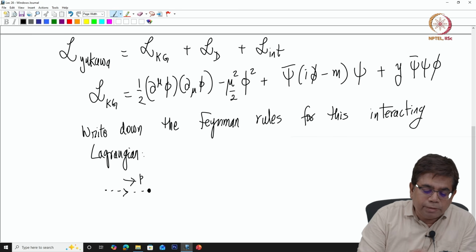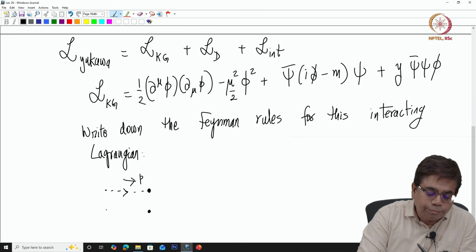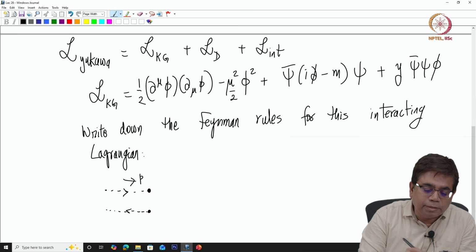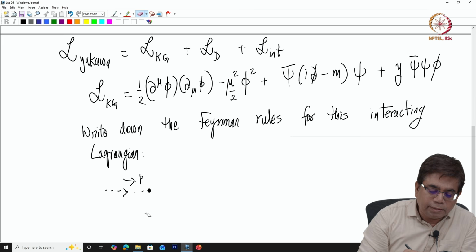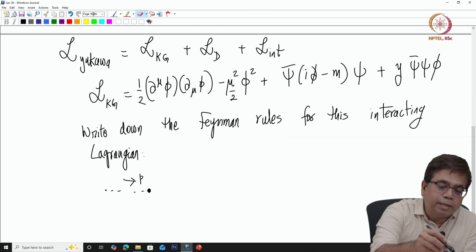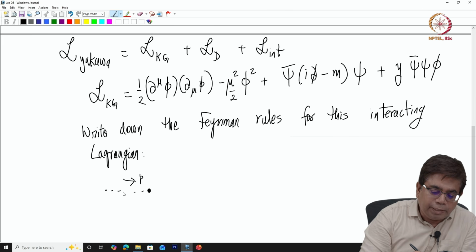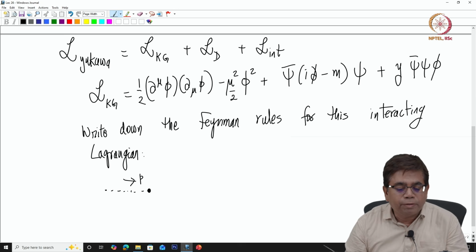The particle is given by this, and the antiparticle is given by the opposite direction. But here we are dealing with a real scalar, so there is no real particle and antiparticle distinction; there is only one scalar field. So, we can remove the other part.